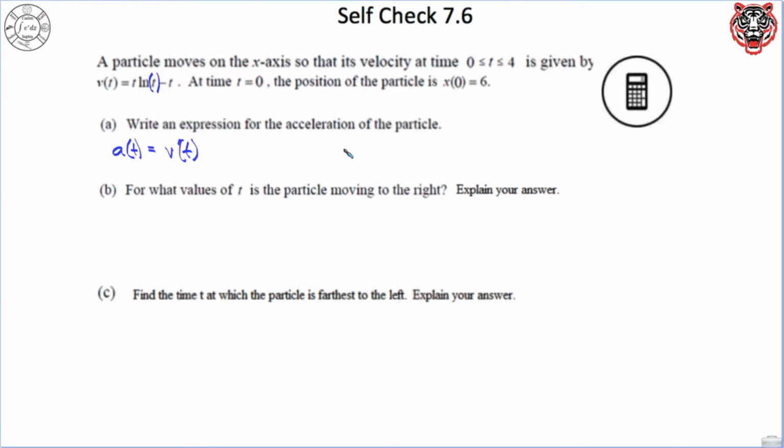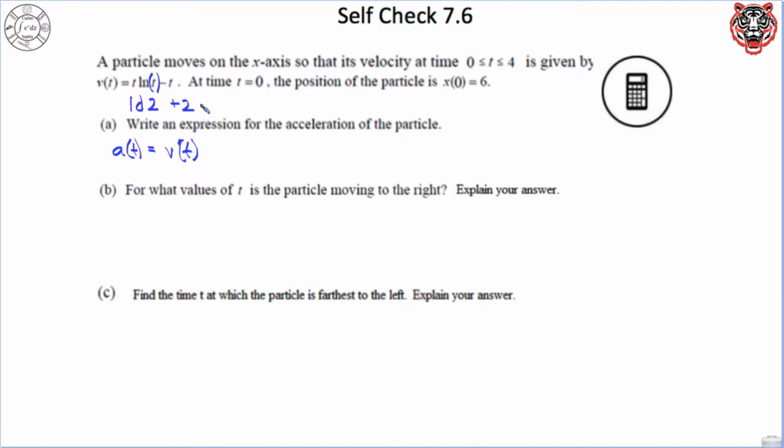So I need to find the derivative, and I can't really use the calculator to find it because I just need the general expression. The way I do this is using product rule, since this is t times natural log. And product rule is 1d2 plus 2d1.